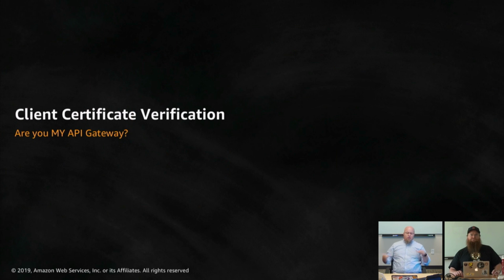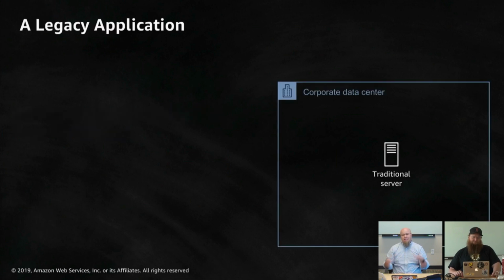So let's jump in here. I'm going to do a little talk through before we turn the code over. There will be some live code here, but I want to get this idea across about what client certificate verification means. What we're basically saying is, are you my API gateway? Are you really the API gateway that I'm expecting to get this from? Are you the endpoint? One of the common use cases we see is in legacy applications, maybe in a corporate data center.